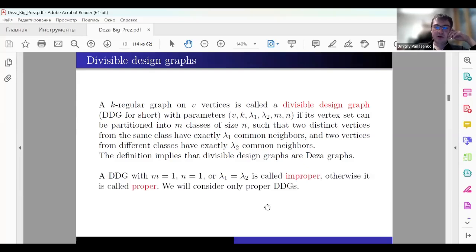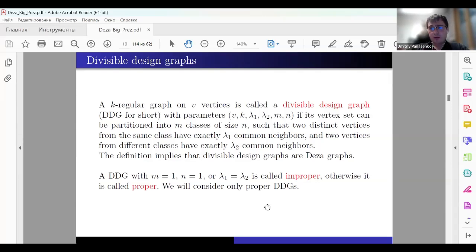And we will call DDGs with m equals 1 or n equals 1 or lambda 1 equals lambda 2 improper. These DDGs are actually strongly regular graphs with lambda equals mu. All other DDGs we will call proper, and further we will consider only proper DDGs.